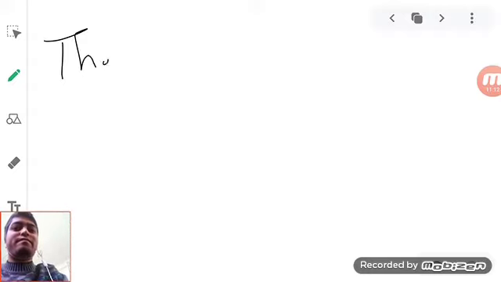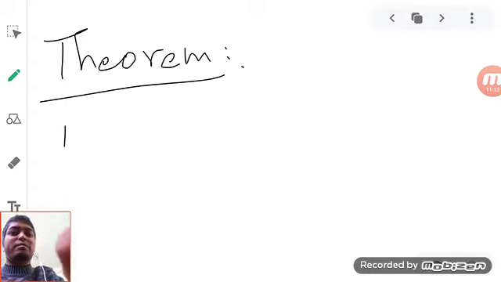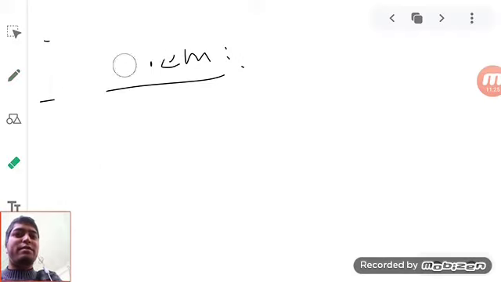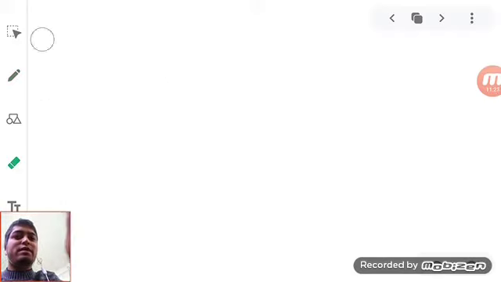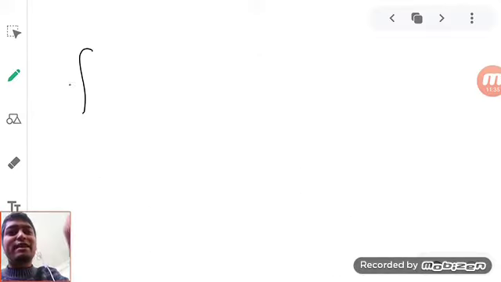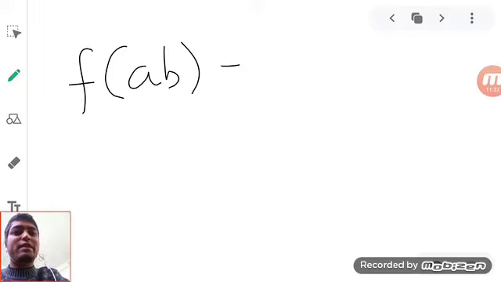Theorem number 1. Actually, I also forgot to mention something. Some books no longer write f(a star b) equals f(a) o f(b). They simply write it as f(ab) equals f(a)f(b).